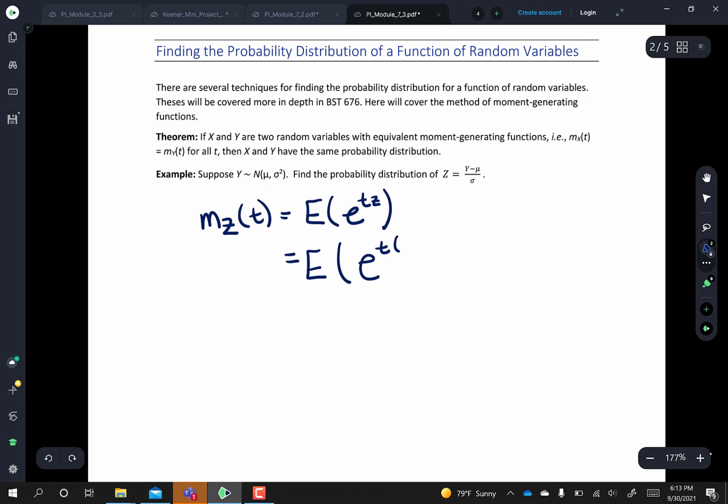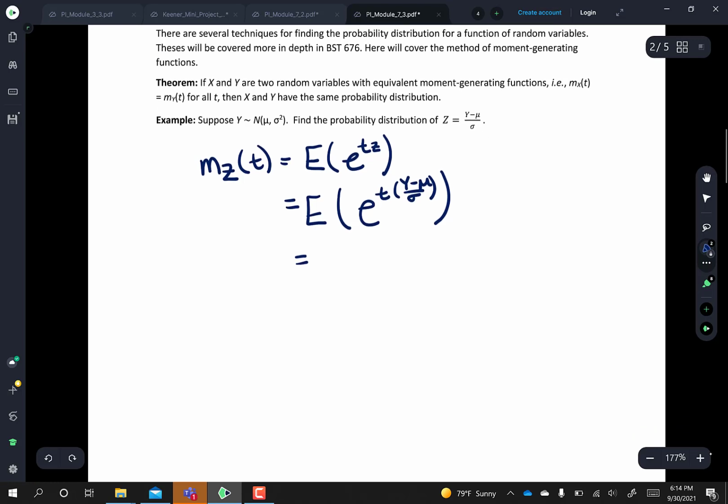To this point, I'm really only using the definition of the moment generating function. Here, I'm just going to expand out what's in the exponent.